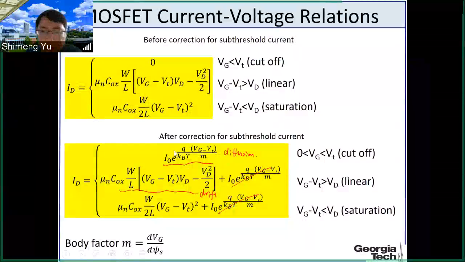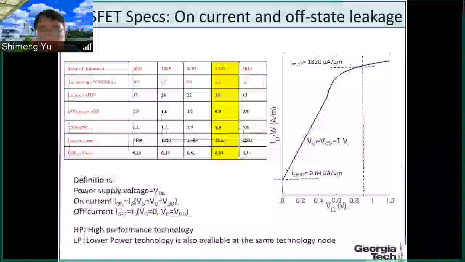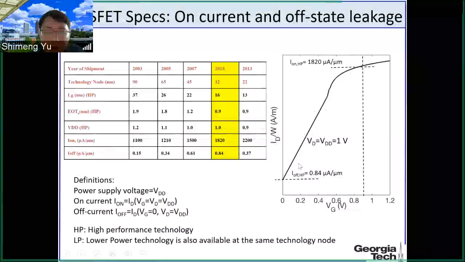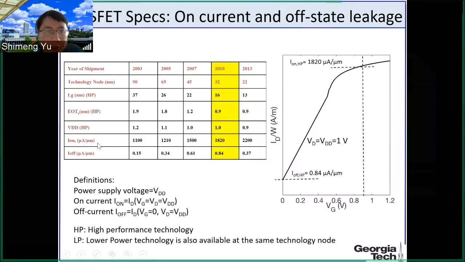Okay, so this is a subthreshold current. And why is this important? Let's talk about why this is important, since you asked this question. This subthreshold current will determine the transistor's specs, especially the off-state currents.